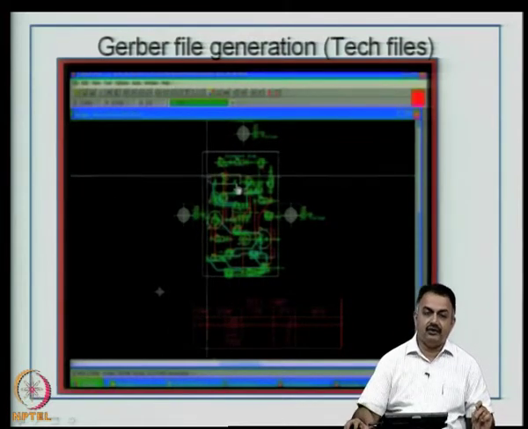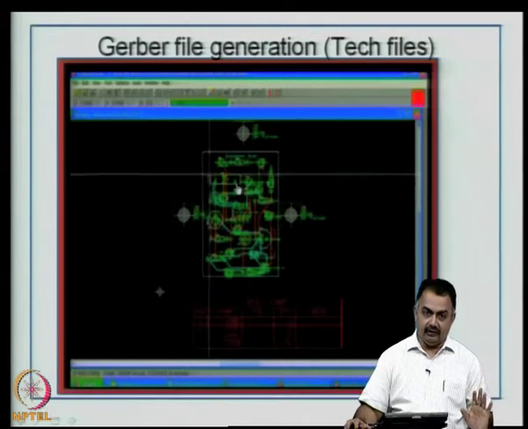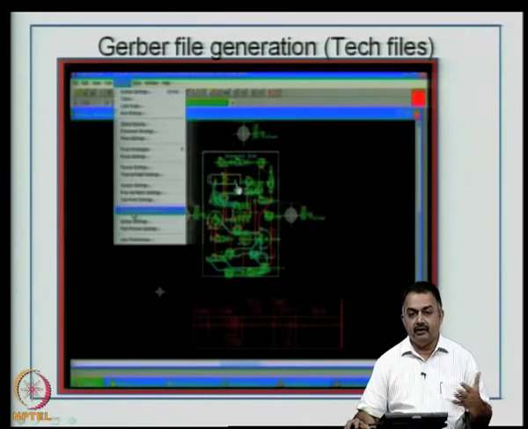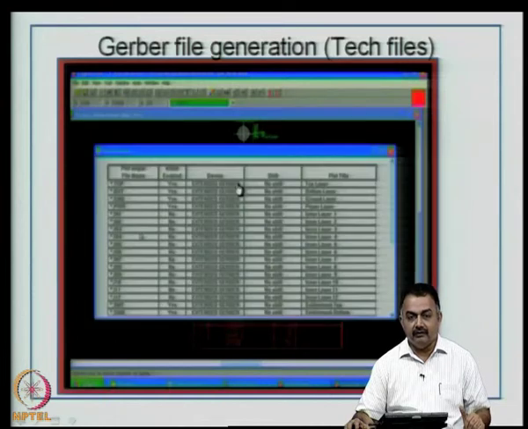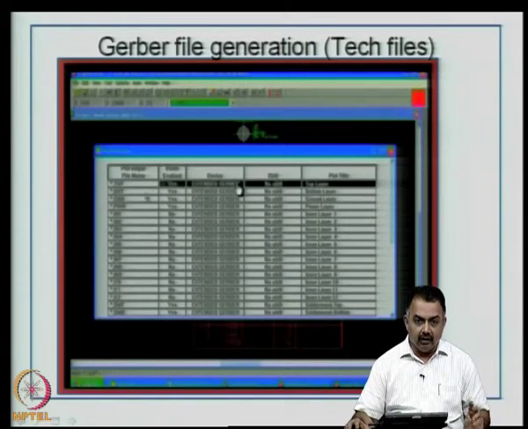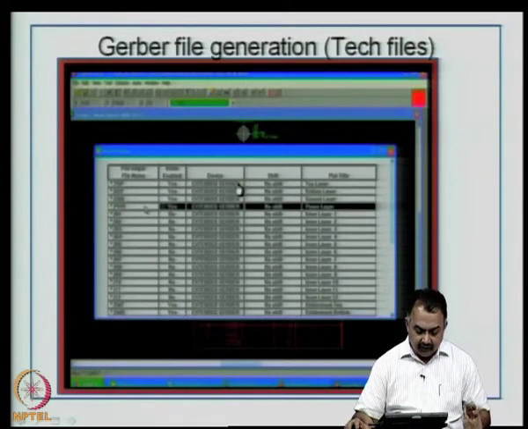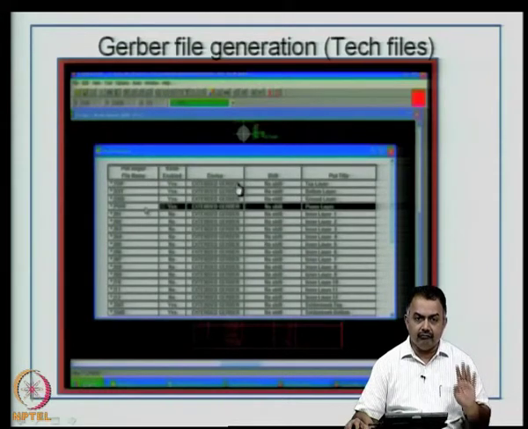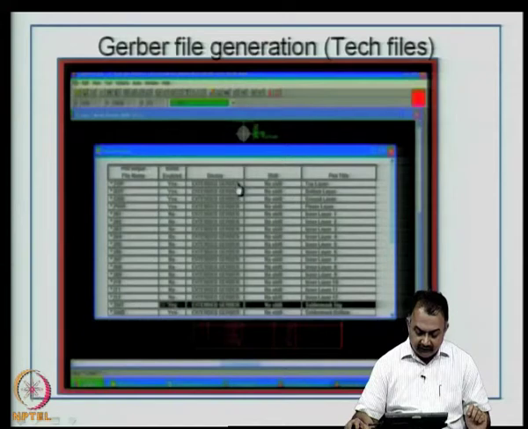Typically, a Gerber file is generated for all the electrical layers and which is plotted on a silver halide film, which I briefly mentioned. So, typically a Gerber file can be created for the top electrical layer, bottom electrical layer, then the ground and power. So, you have 4 Gerber files generated.